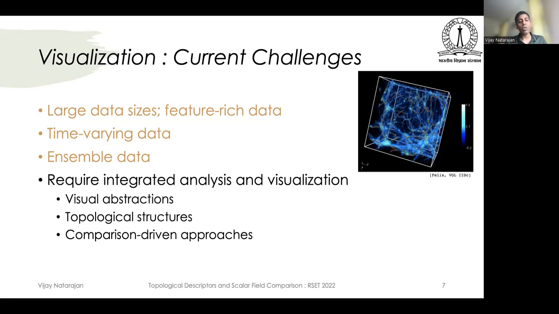For example, using topology or topological analysis. This helps bring down the complexity of what you want to display on the screen and help understand the data. A related approach is via comparisons between different visual abstractions.